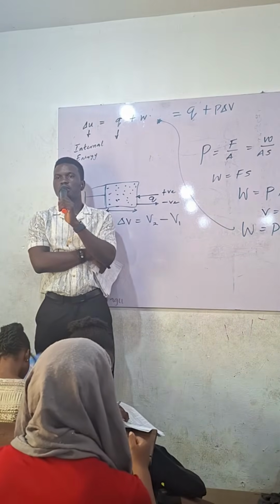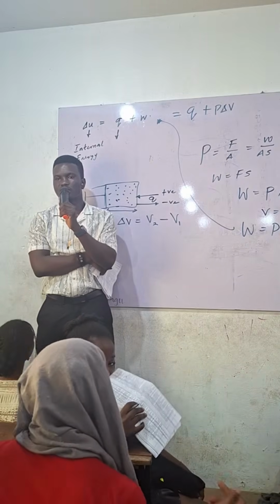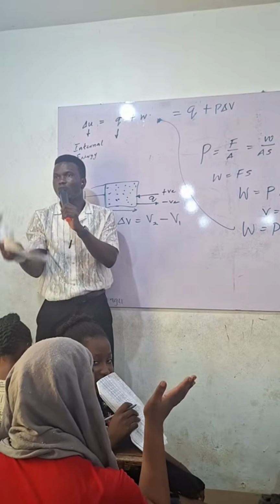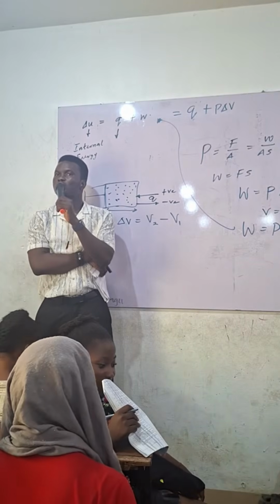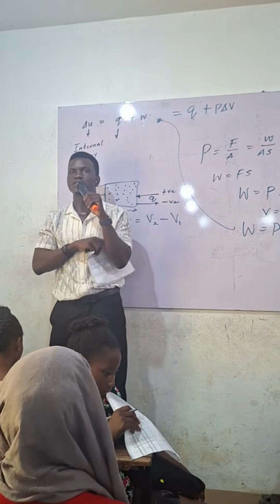So 25. Have you done E0 of a cell? Yes. What is E0 of a cell? E0 of a cell is E0 right minus E0 left.